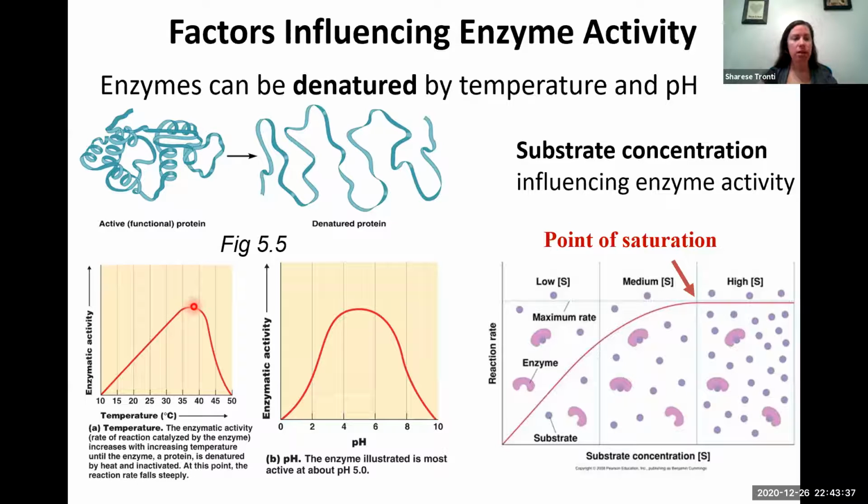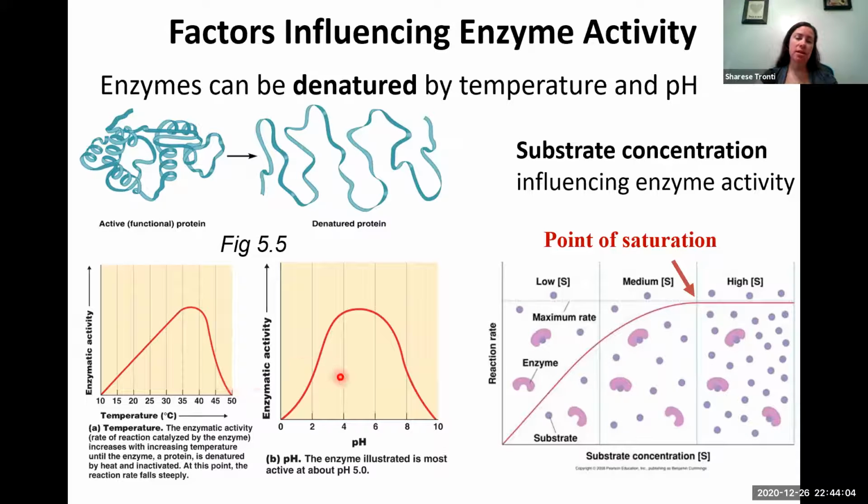And there becomes a point in which that enzyme is going to now denature. It got too hot and it's going to denature. And then that is when enzyme activity will very rapidly drop off. So for temperature, we have a slow increase as temperature increases, and then the enzyme will denature because it got too hot, and then it will no longer function.